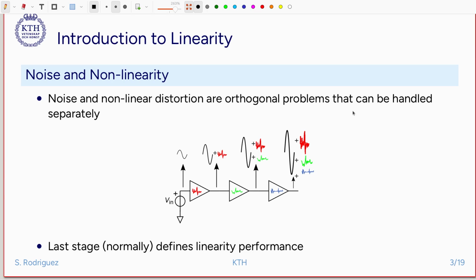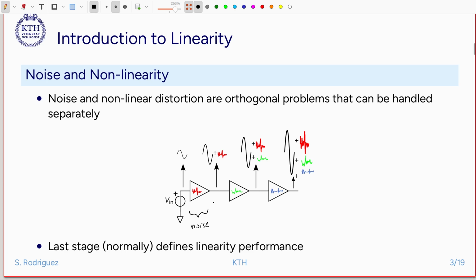So we have already been talking about how noise and nonlinear distortion appear in an amplifying chain. We were talking about how the first stage is normally responsible for noise. The noise that the first stage adds is going to be amplified, and then it will basically dominate.